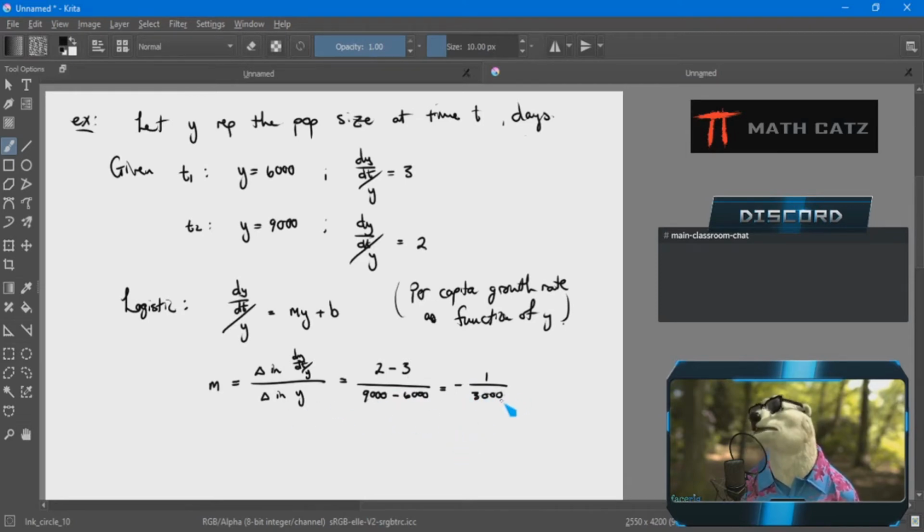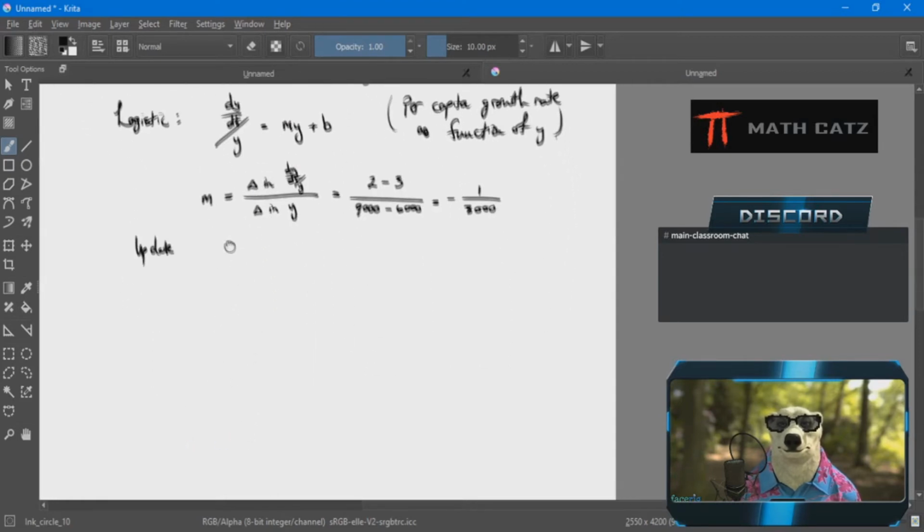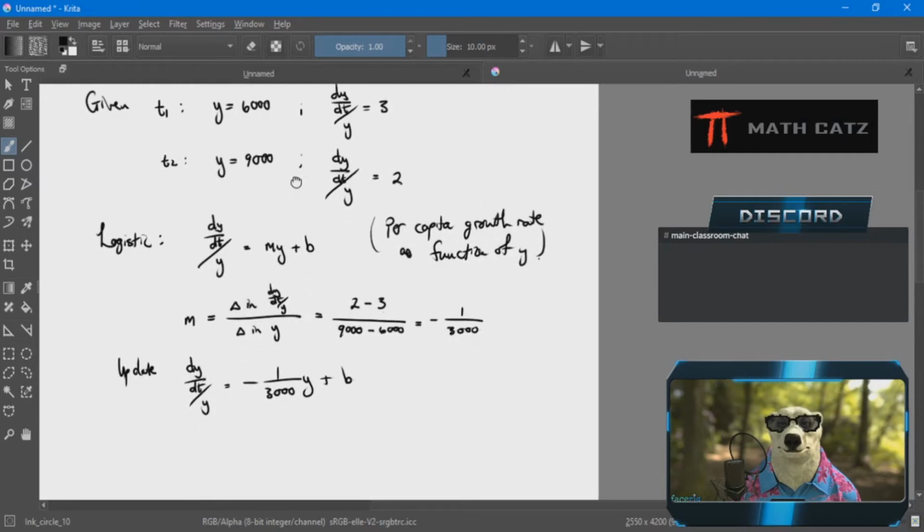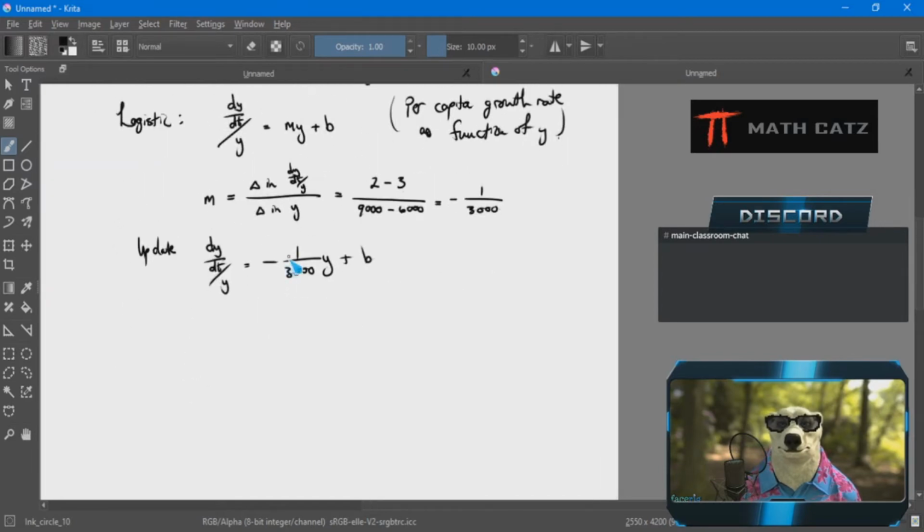Then I have to put that back in. So let's update the equation, putting in the value of m, still having to find the value of b, but I have any point that is convenient. Let's say the first one, 6,000 for y, 3 for the per capita growth rate.